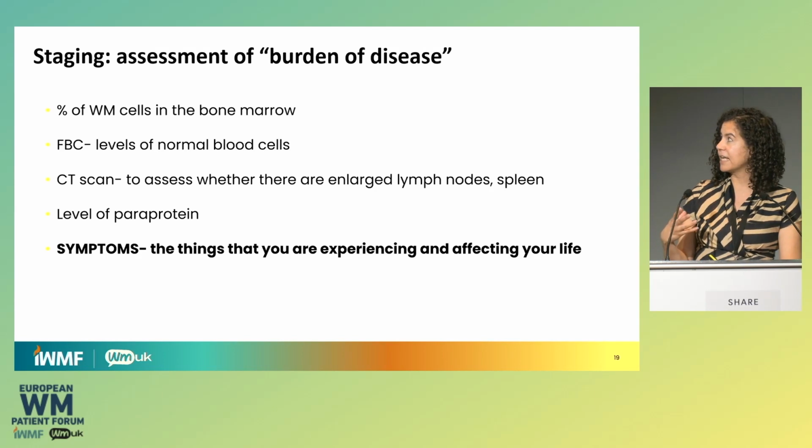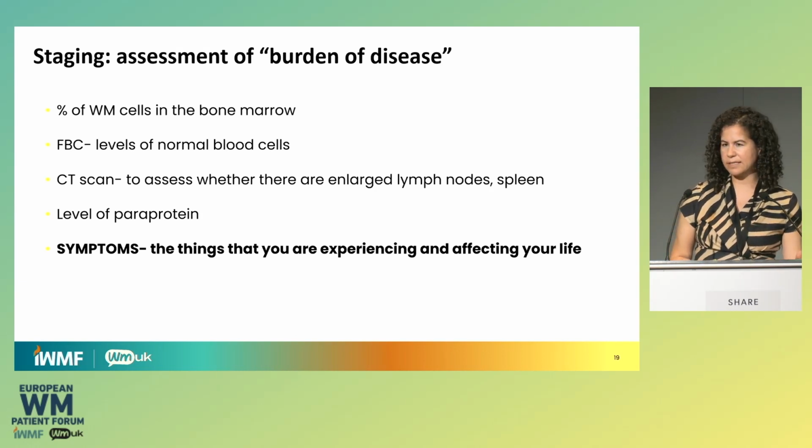We can look at things like the level of the paraprotein as well, as a guide as to how many abnormal cells you've got. And then in terms of an assessment of your normal bone marrow function, as I mentioned, we can do the full blood count to see what the level of the normal blood cells are, and a CT scan to see if there are enlarged lymph nodes or spleen.